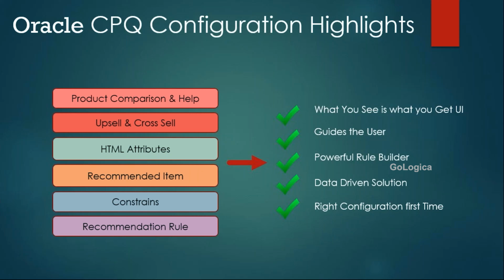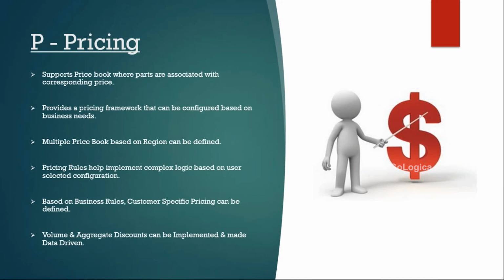So that's about the configuration that we have. The next process is the pricing. Here, for each product, we're going to have different prices. For example, let us take the example of buying a product from an e-commerce site like Amazon.